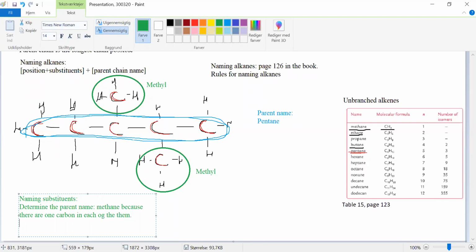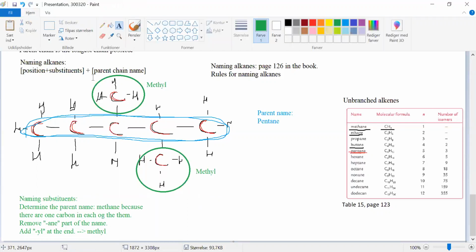And then you remove the ane part of the name. And at the end, you add yl at the end. So it's a methyl group. Okay. That's the method for naming the substituents on an organic structure. Okay, so far so good.